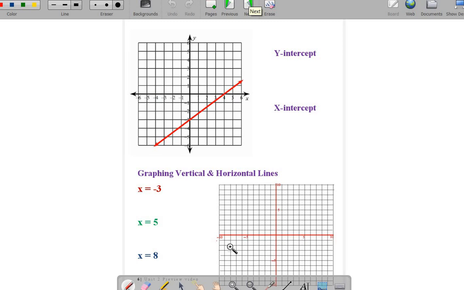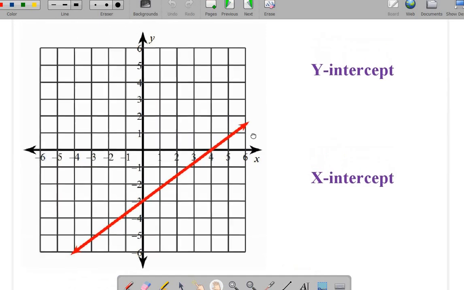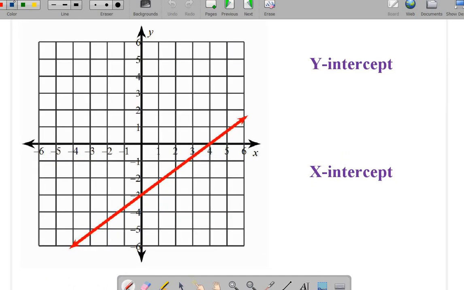Couple other terms you need to be familiar with is what's called in a line the Y-intercept and the X-intercept. The Y-intercept is where the line crosses the Y-axis. So in this red line, let's mark where the Y-intercept would be. Y-intercept.